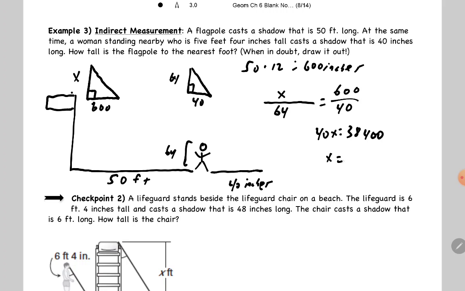Divide by 40, and you'll get x equals 960 inches. Or, you can convert that back by dividing by 12, 80 feet. And the reason why the triangles are similar is because they have the right angle, and this angle is basically the sun shining down on them, casting that shadow.